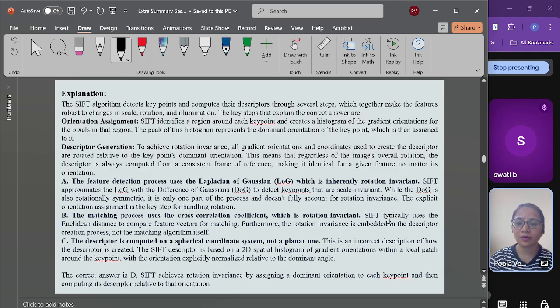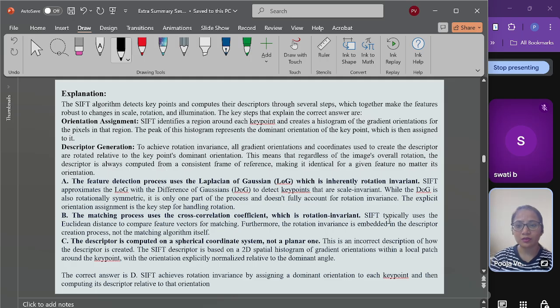The SIFT algorithm detects key points and computes their descriptors through several steps, as we know, which together make the features robust to changes in scale, rotation, and illumination. The key steps that explain the correct answer are, first, orientation assignment, and next, descriptor generation.